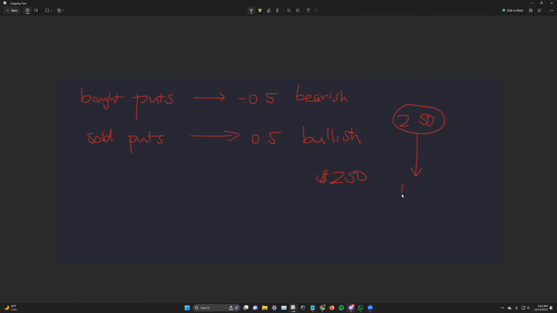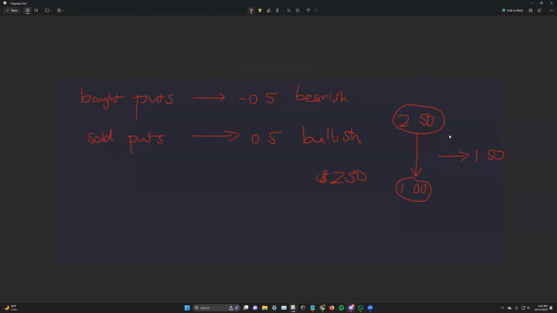So now you want this thing to go to 1.0, so that you sold it for $250 and you can buy it back for cheaper at $100 or 1.0. And what is your profit? Your profit is 1.5, the difference, right? The very basic. I don't know essentially a better way to explain it, but that's essentially what you want.